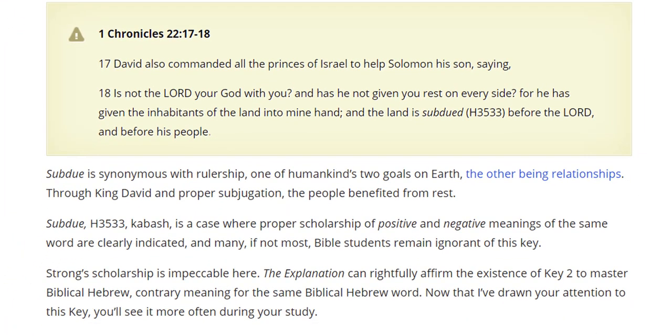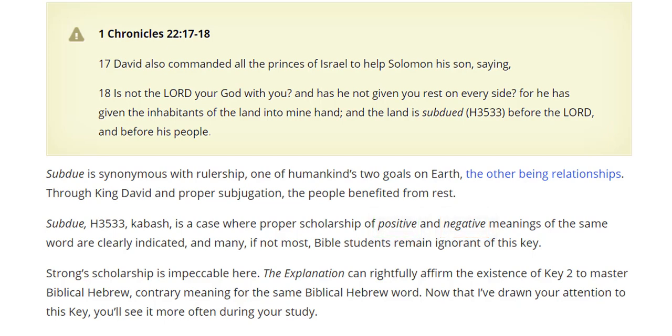Subdue, H3533, kabash, is a case where proper scholarship of positive and negative meanings of the same word are clearly indicated, and many, if not most, Bible students remain ignorant of this key.